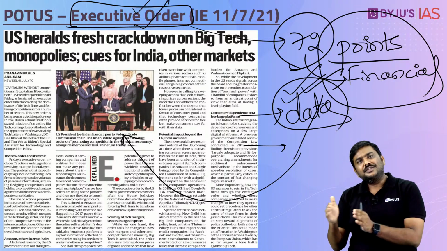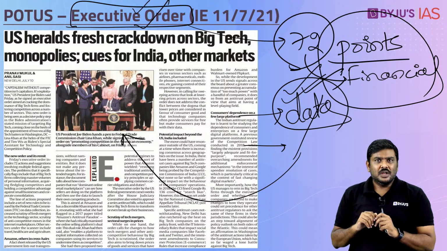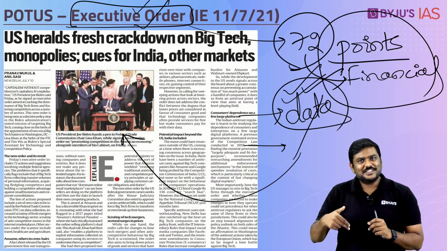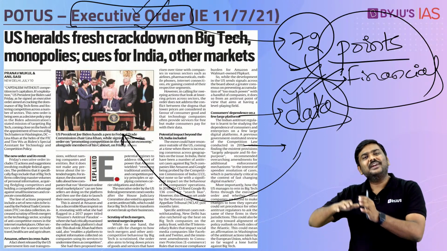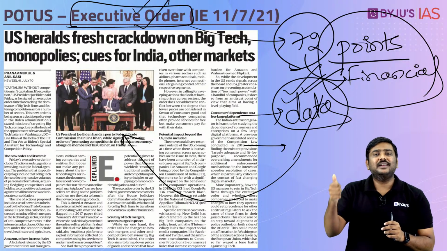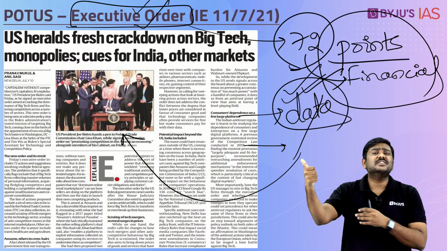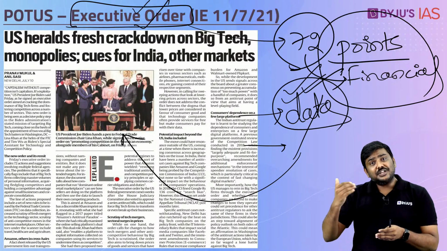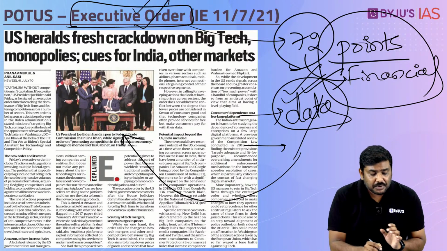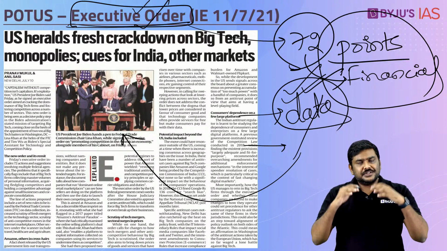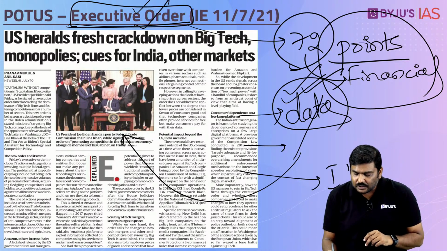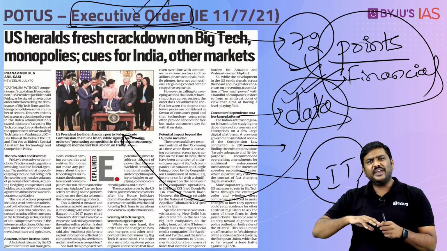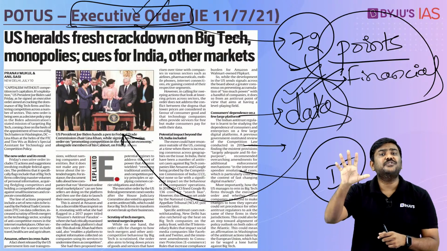Now, in connection to this, what is the impact on India? Most of the points that we have discussed are the same points which are being discussed even in the case of India, be it privacy of the customer, data privacy of the customers, anti-competitive behavior, and so on. In addition to this, please understand that because of this executive order, it is stated that the information technology industry in India is going to experience an upward boom in the next 5 years.